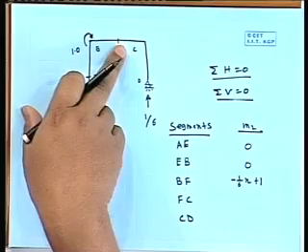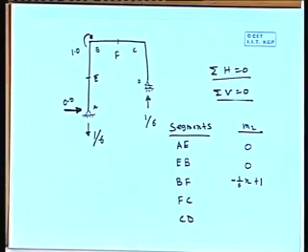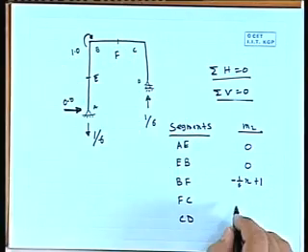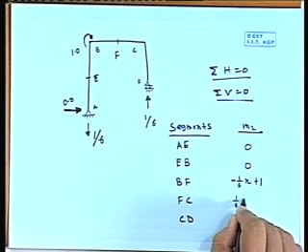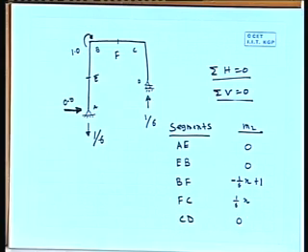right. Now, this part what will be the moment? It will be 1 by 6 into x, but it will be plus moment, and this part will be 0 CD.